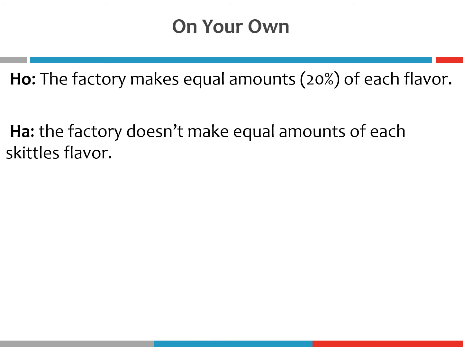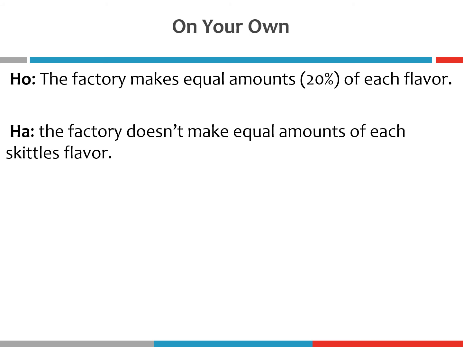of each flavor. And by the way, where I got the 76.8 was I added up all of the frequencies for each of the flavors of Skittles. So 80 plus 74 plus 74 plus 91 plus 65 is about, I believe, 384.